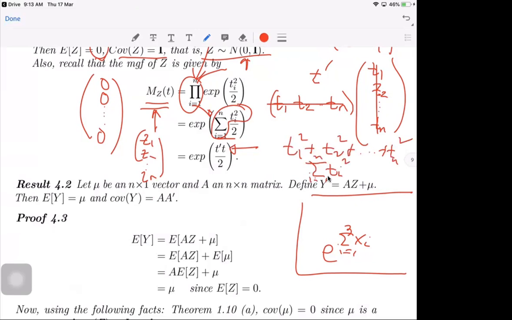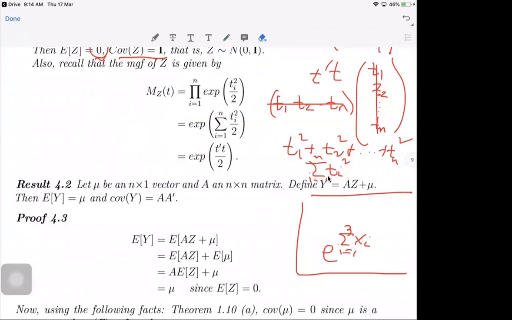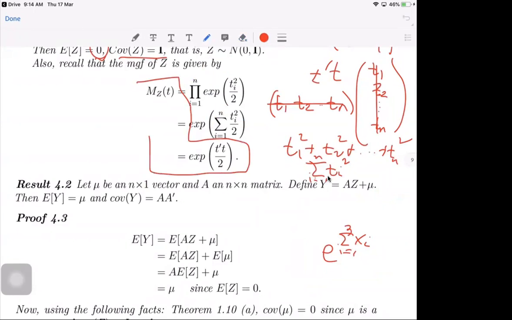So the moment generating function where z is standard normal is equal to the exponential of 1/2 of t prime t. Okay, so remember that.